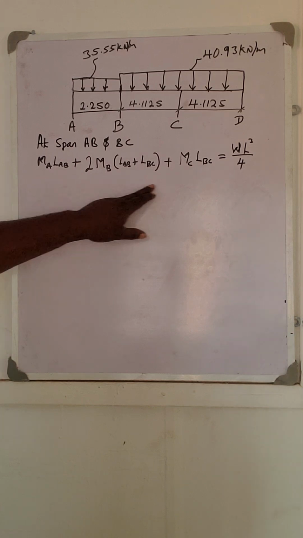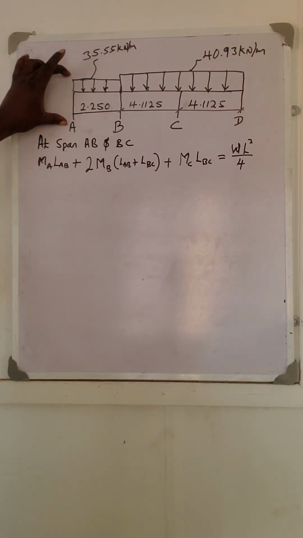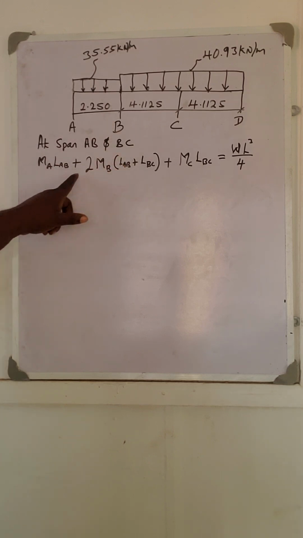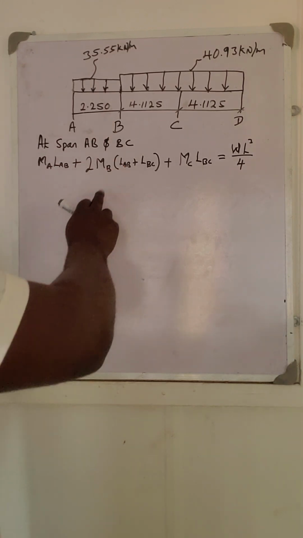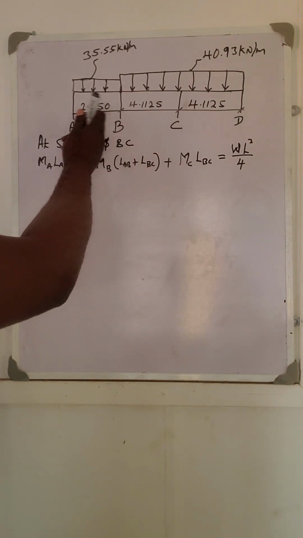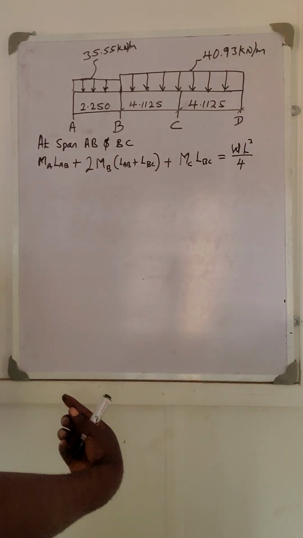That's the formula for the three moment equation, where MA is the moment at support A, LAB is the span between A and B, then 2MB, now the support. There's a moment here, there's a moment like this, and there's another moment this way.